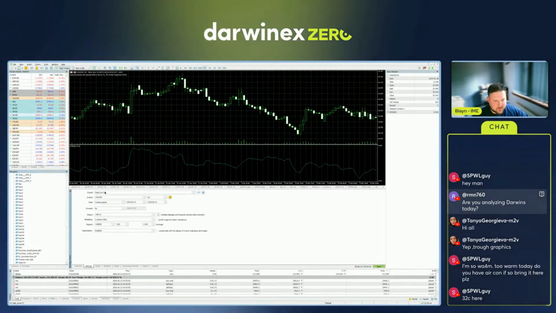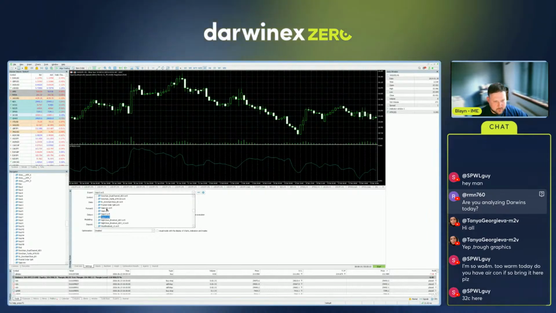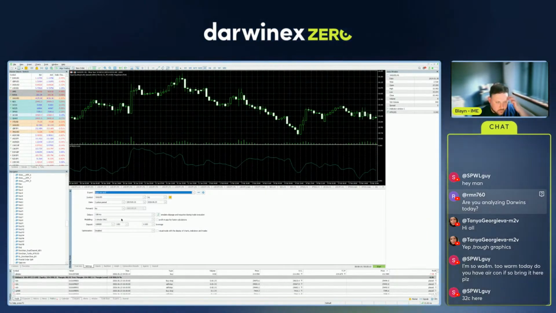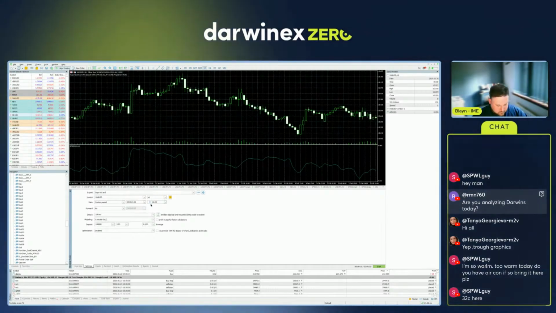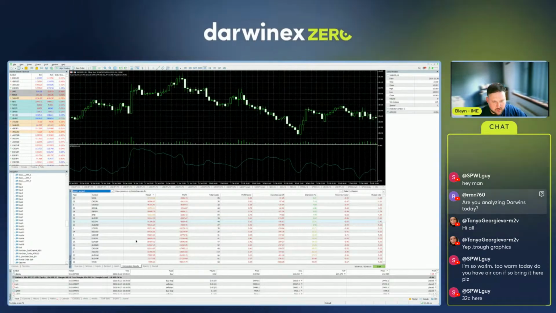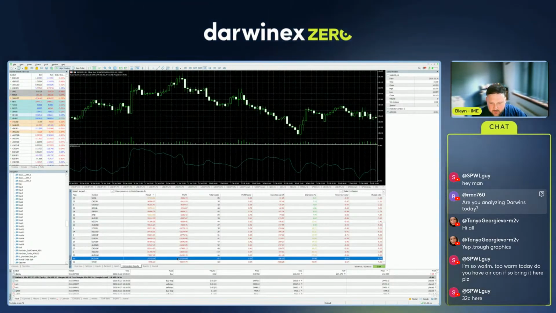Since we reversed the rules, just do a quick little optimization again, just to see where things are at. So the worst market, that's not the worst market. That could be the worst market.